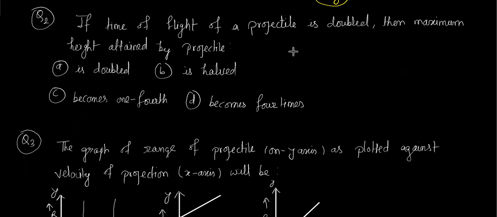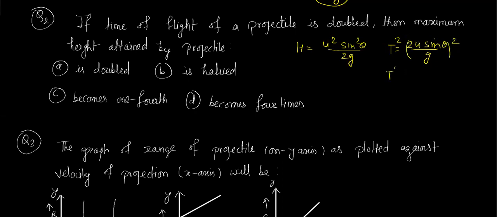As we know, the expression for maximum height is u square sine square theta by 2g, and the time period is 2u sine theta by g. Here all the terms are in square form, so we make the square of each term.